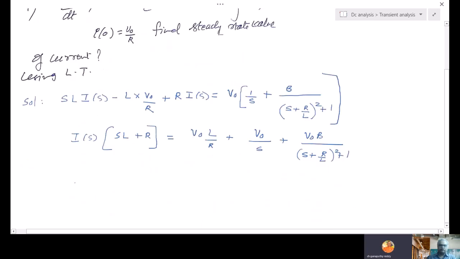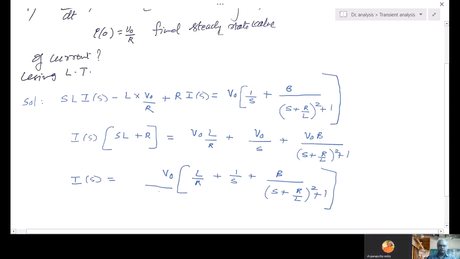Then I of s is equal to all that divided by this. That means I can write it as V0 common, L by R plus 1 by s, plus B by (s plus R by L) square plus 1, divided by sL plus R.